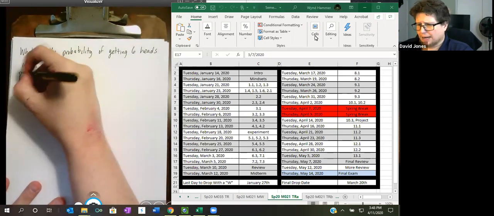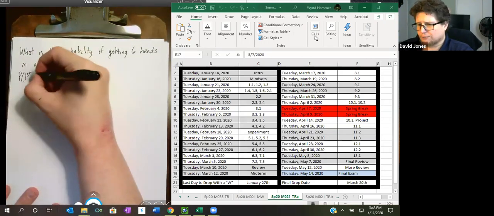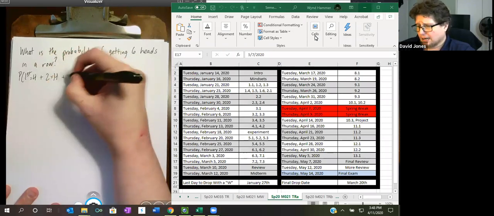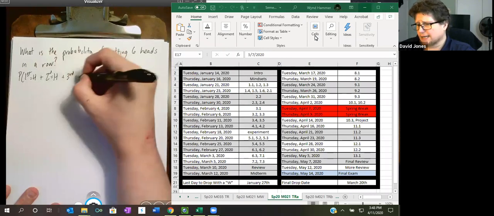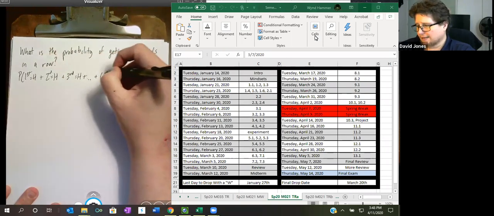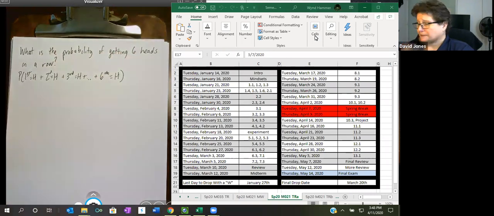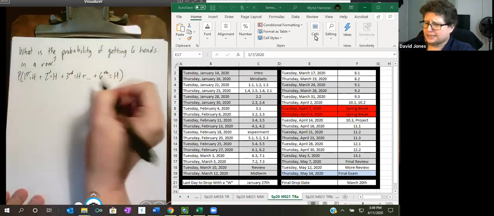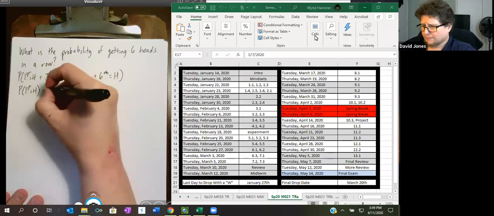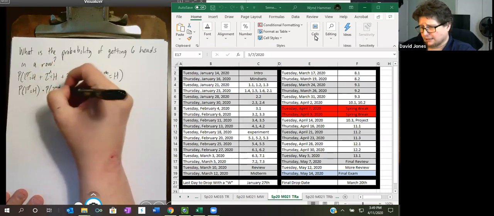Well, let's go back to probability. That means the first one equals heads, and the second one equals heads, and the third equals heads, fourth, fifth, and sixth equals heads. And these were independent, and they're mutually exclusive outcomes. All that good stuff says we can turn these into the probability the first equals heads, times the probability of the second equals heads.